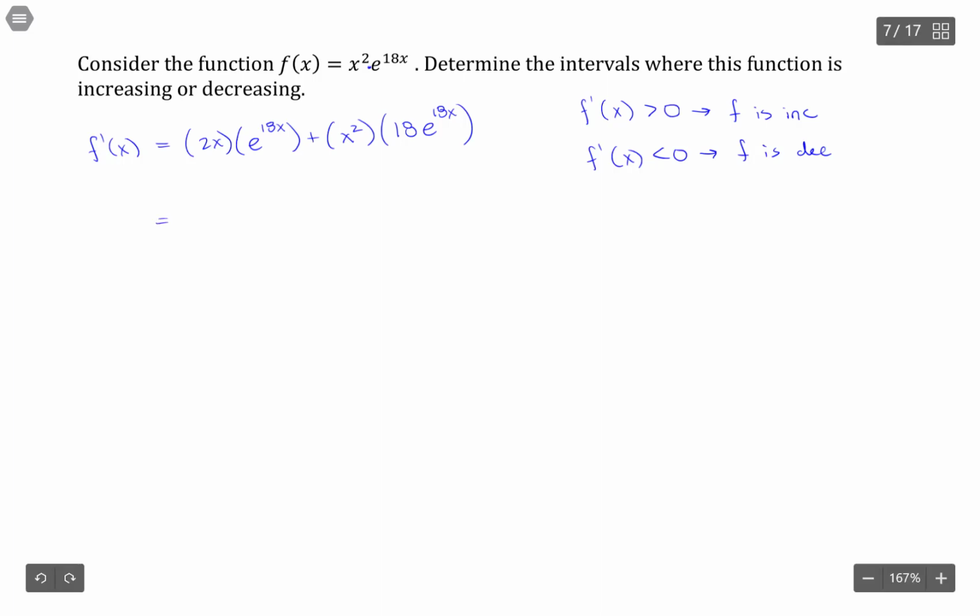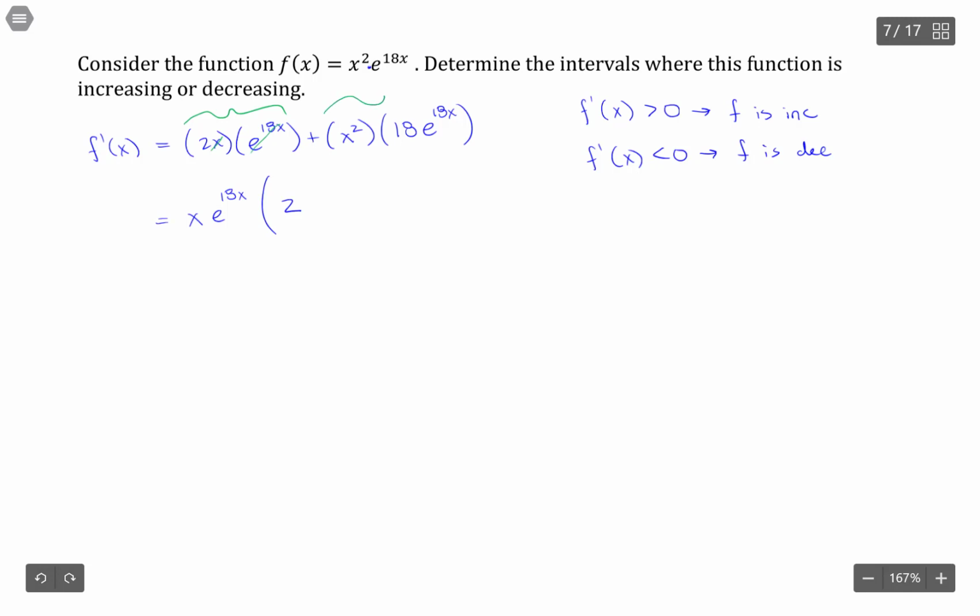So let's factor out x e to the 18x. That would leave me in this first term, if I'm pulling out e to the 18x and x, the only thing left there is just a 2.